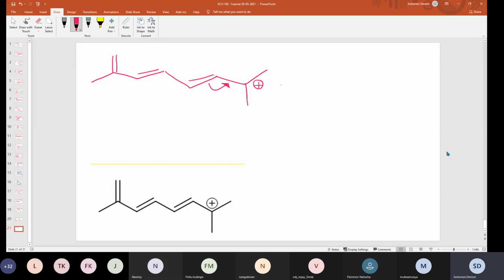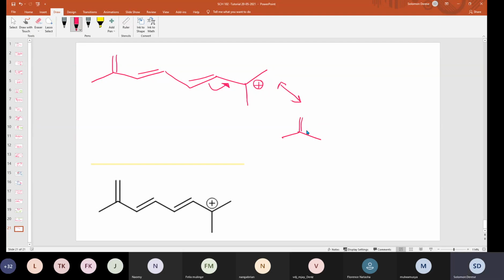Then when that happens, the rest of the structure will remain the way it is, because we have not interfered with it. We have not done anything to the other part of the molecule, so it will remain the way it is.